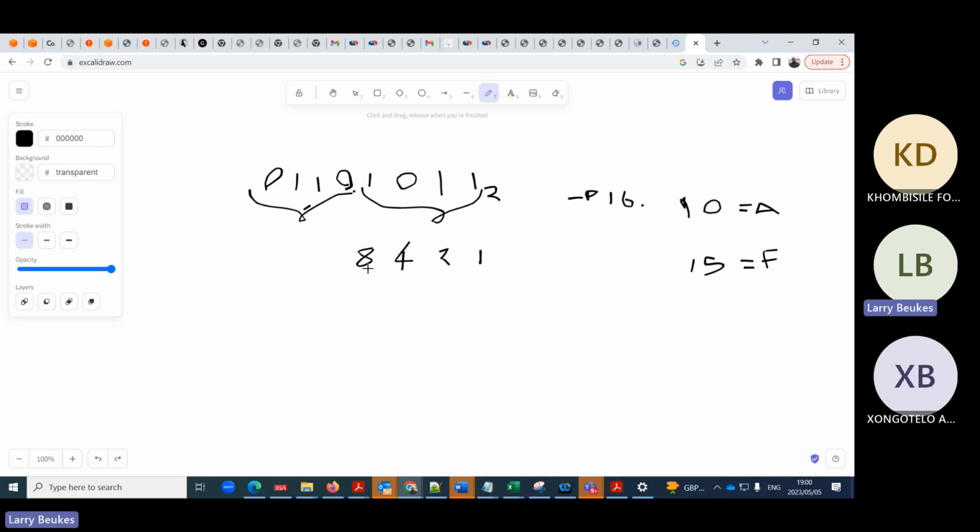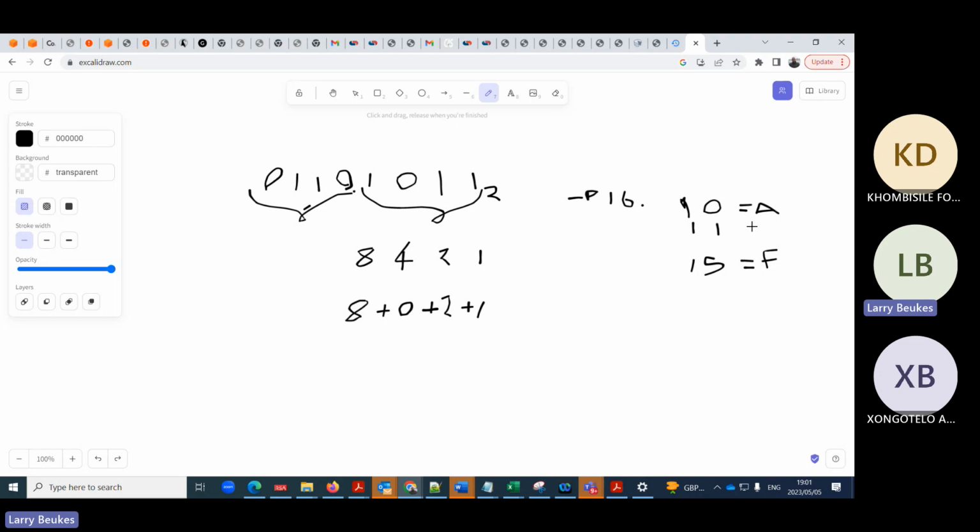All these numbers are at most 15, they won't be more than 16, because it starts from 0. So you start with this one first. 1 is present. Plus 2 is present because it's a 1 here. 4 is not present because it's a 0, so this will be a 0. Plus 8, 8 is present because it's a 1. So 8 plus 2 plus 1, how much is it? 11, right?